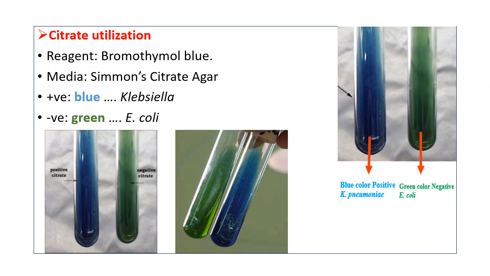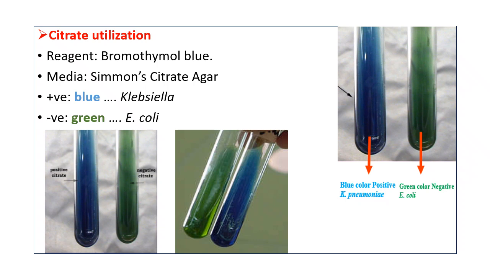The procedure of this test: we inoculate the organism on the citrate agar slant by the stabbing and streaking method. After 24 hours at 37 Celsius, we observe the result. The positive result is indicated by a blue color with growth.